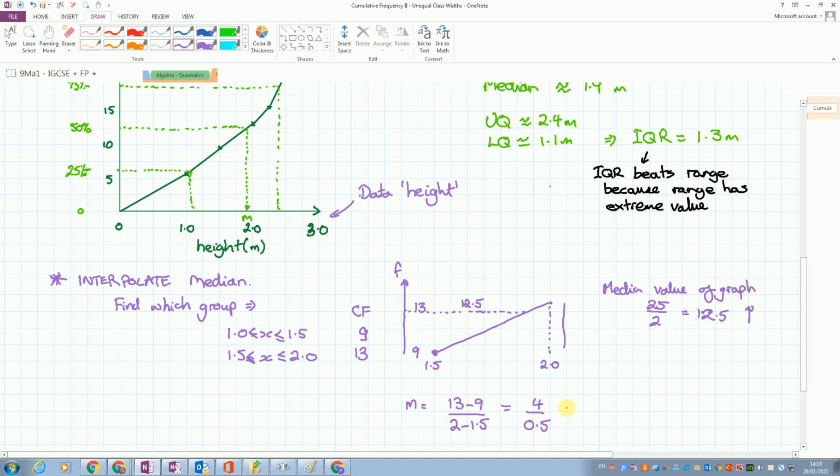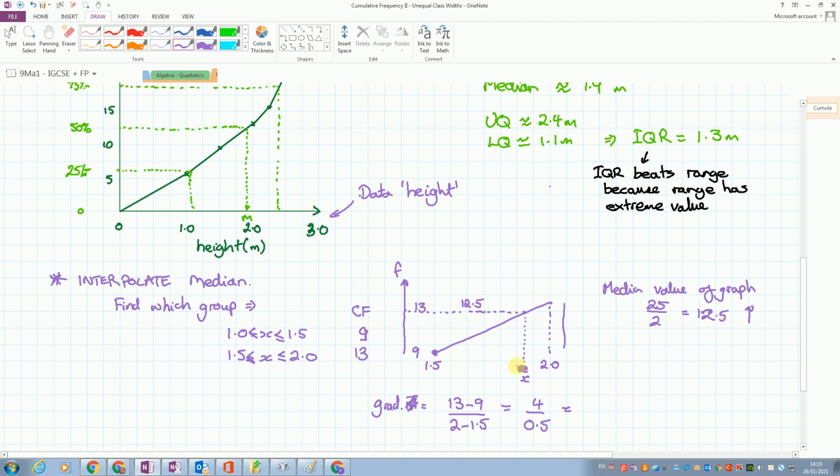And that must also equal the gradient if I was to calculate it for my value of x, my median value. Sorry, let's make that the median. That's the gradient. And here we've got my median x value.